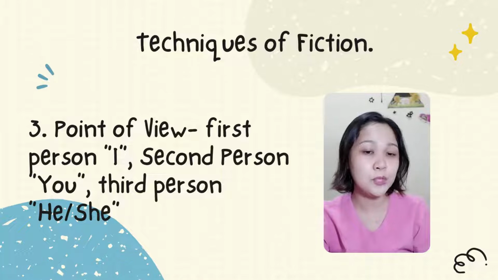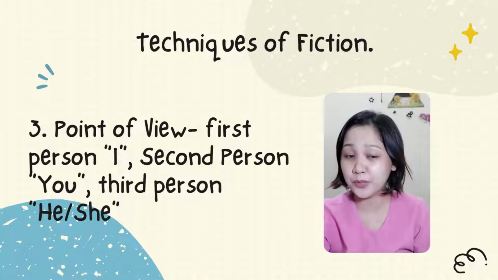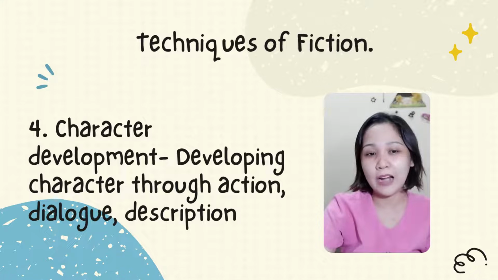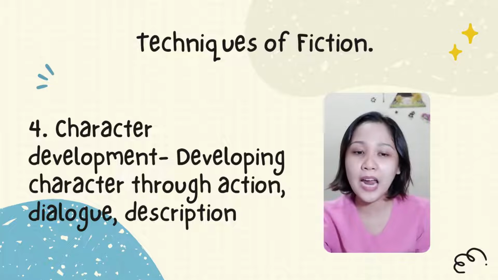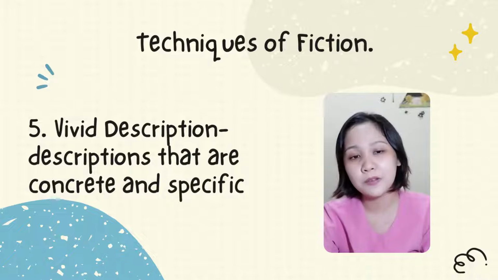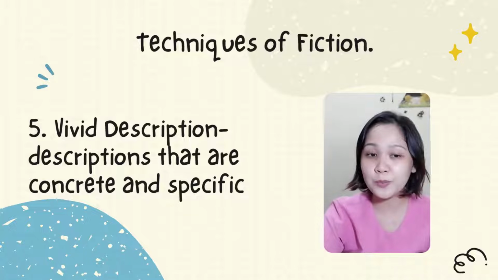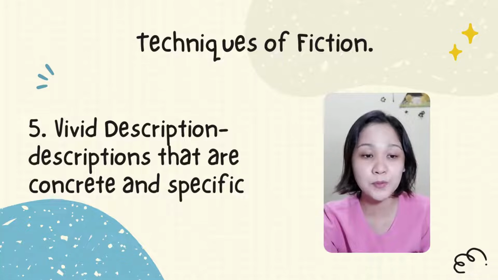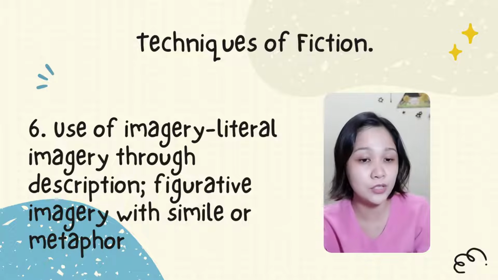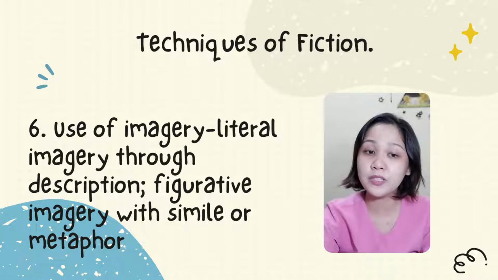Point of view. First person, I. Second person, you. Third person, he or she. Character development. Developing character through action, dialogue, and description. Vivid description. Descriptions that are concrete and specific. Use of imagery. Literal imagery through description, figurative imagery with simile or metaphor.